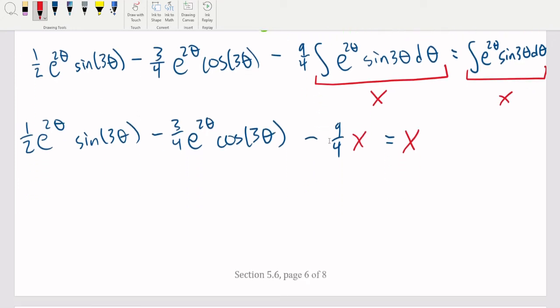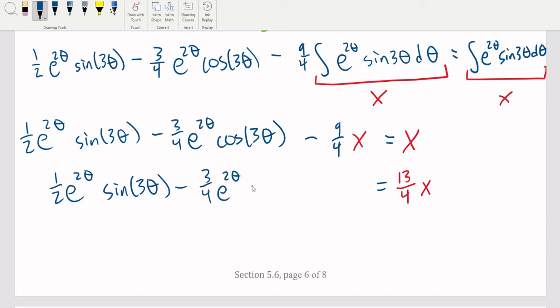So solve for x. Move this over. You're going to end up with plus 9/4 here, right? So that's going to be 13/4 x. When I move this over, add it over, and then I have this here still hanging out, sine 3 theta minus 3/4 e to the 2 theta cosine 3 theta.